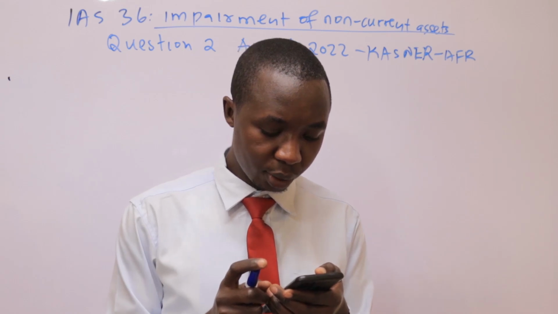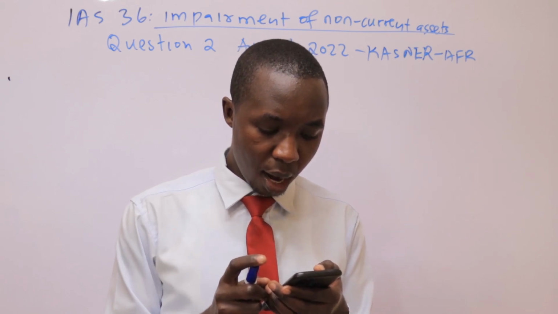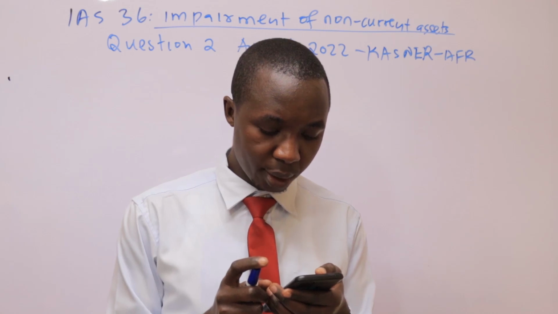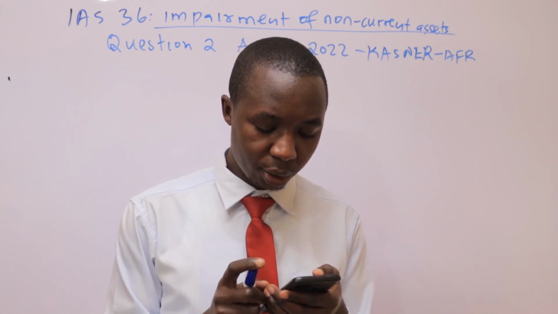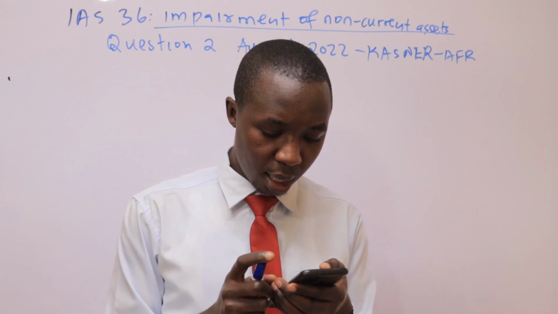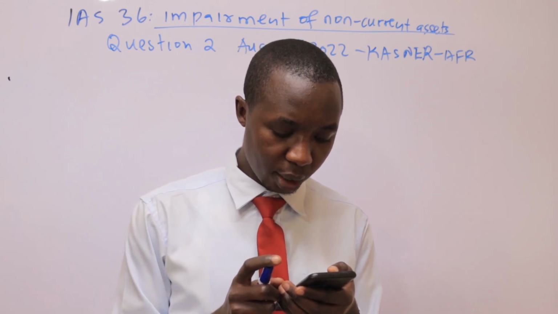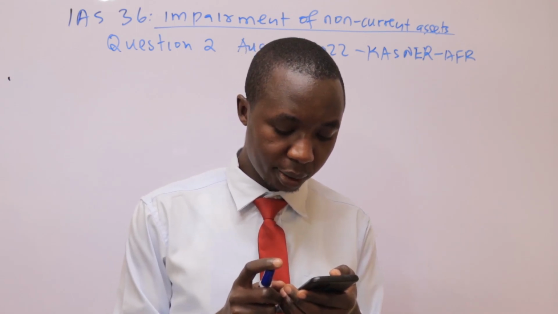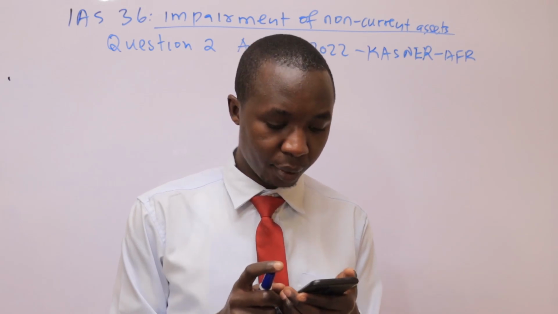Required: discuss with suitable calculations how any impairment loss in the cash generating unit could be accounted for in accordance with International Accounting Standard 36, impairment of assets.